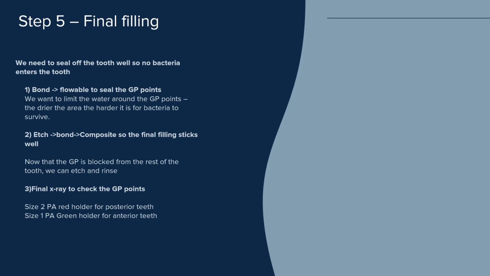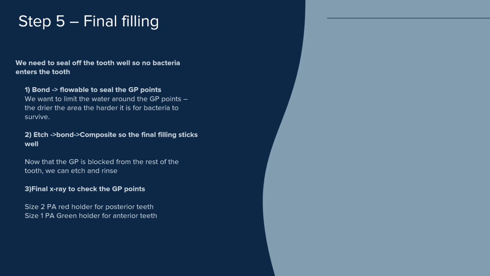Once I've sealed off the rubber points, then I can use my etch quite comfortably because I've put a protection layer, and then I'll etch, bond, and then I'll composite. I like to use a fiber filled composite for this as well, just so the core or the inside of the tooth is a bit stronger. But again, every dentist is different.